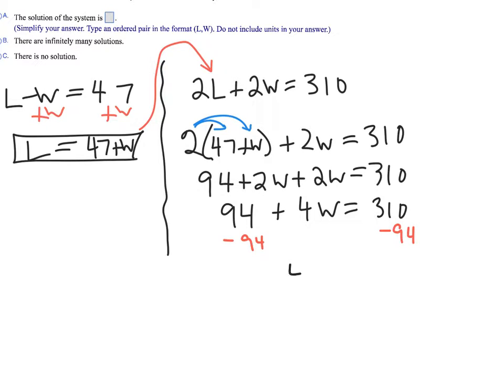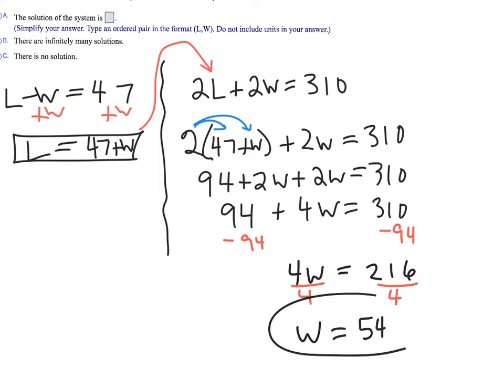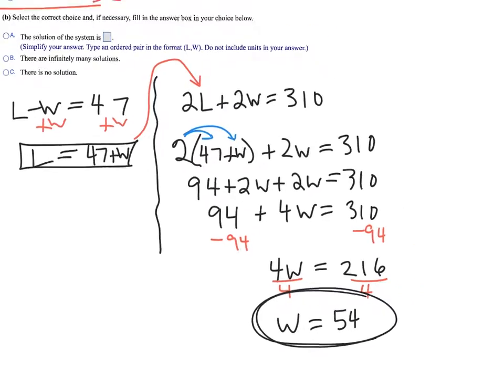And so that gives me 4W is equal to, now I don't know what 310 minus 94 is, so I'm going to grab my handy-dandy calculator, and I'm going to do 310 minus 94, and that gives me 216. Now I'm going to divide by 4, and that gives me the width. 216 divided by 4 gives me 54. So the width is 54.